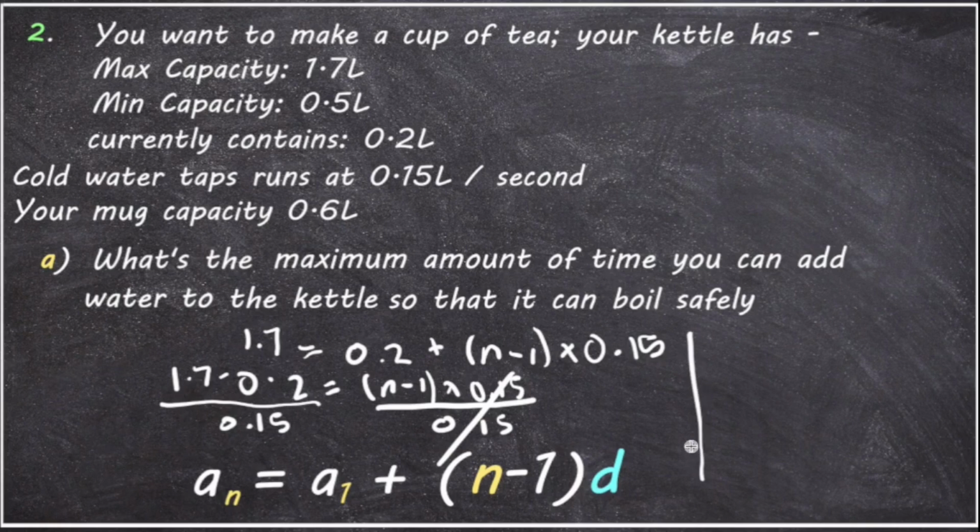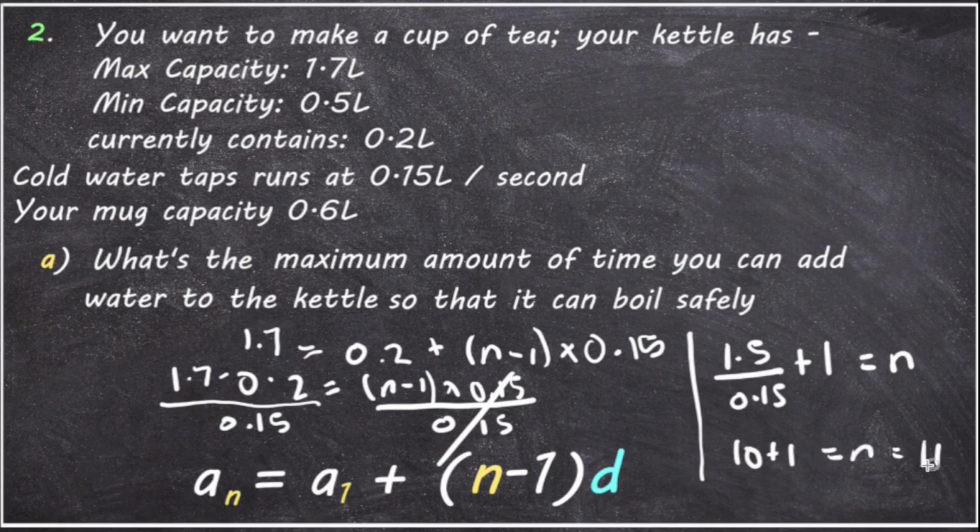We can add 1 to both sides of the equation, but we can notice that 1.7 minus 0.2 is 1.5, so we can clean that up, and that's over 0.15, and then we add 1, and that is equal to n. 1.5 divided by 0.15 is 10, plus 1, and that equals 11, so n equals 11.